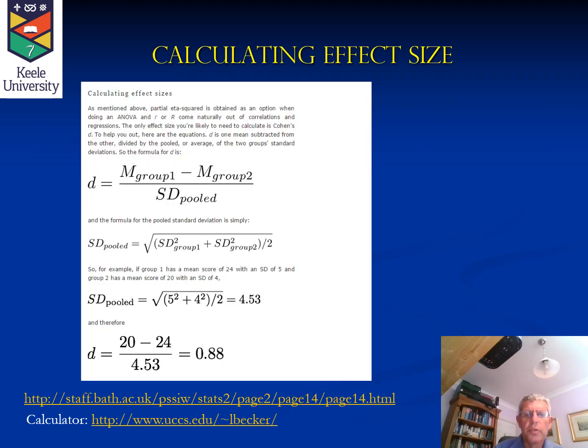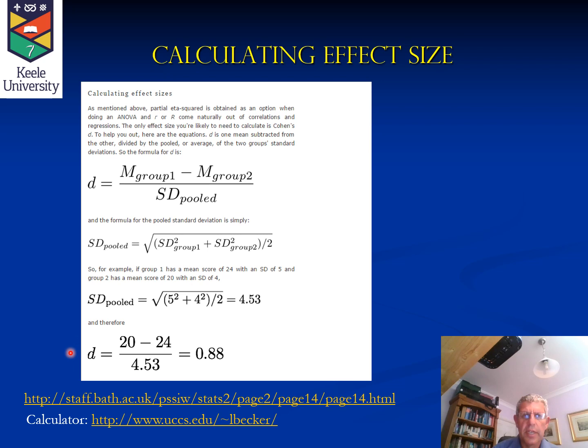This slide shows the calculation of effect size. You can see here that the basic formula has the mean for one group minus the mean for another group divided by the standard deviation. And you'll notice that sample size doesn't appear anywhere in this calculation, so it's not dependent on sample size.